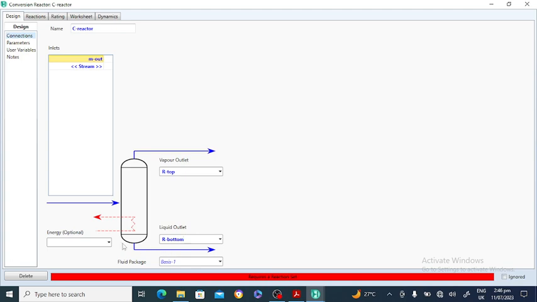Then the energy stream, reactor energy. Now it shows that it requires a reaction set, so we will define the reaction.